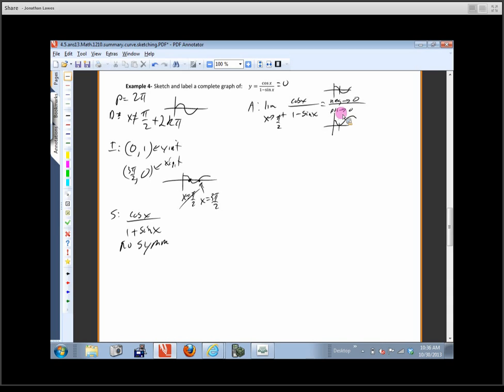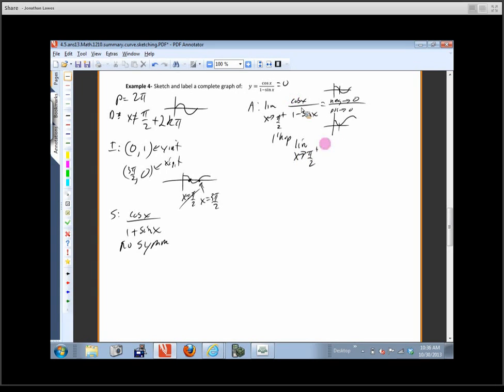Now, that's one way to do it, but I still get 0 over 0. So what's the answer? Use L'Hopital's rule. I could just do it by substitution. If I plug it in, I get a 0 on the top. I get a 1 minus 1 on the bottom. So I end up with 0 over 0. So let's apply L'Hopital's rule. I've got the limit as x approaches pi halves from the positive side.